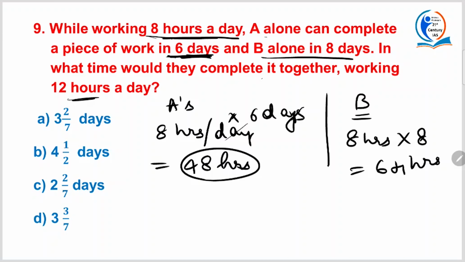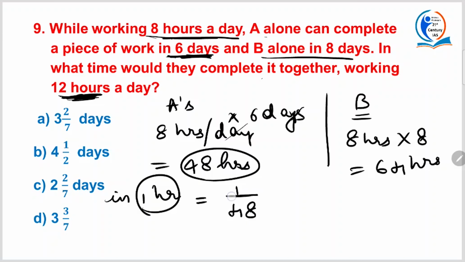Now we are supposed to take the work done by each of them in 1 hour. Hitherto we've taken 1 day, right? Now we are supposed to take 1 hour because 12 hours per day is mentioned explicitly here. So in 1 hour he will finish 1 by 48th of the work and 1 by 64th of the work.